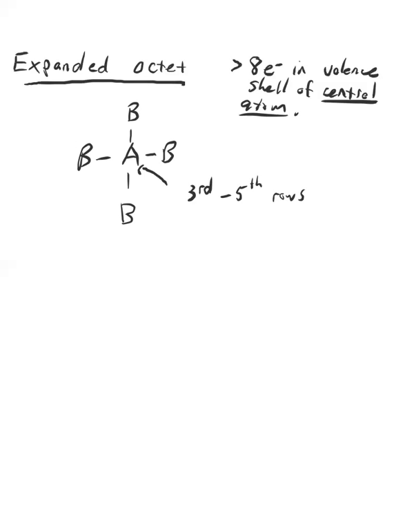It's not guaranteed. The central atom may obey the octet rule. It may, but it has the potential to disobey the octet rule. And so if it does, what you do is you use formal charge to evaluate.